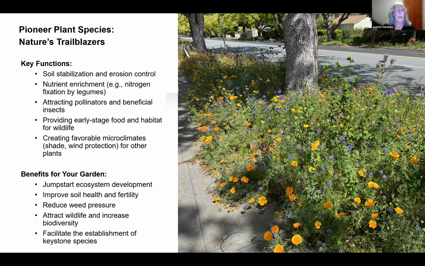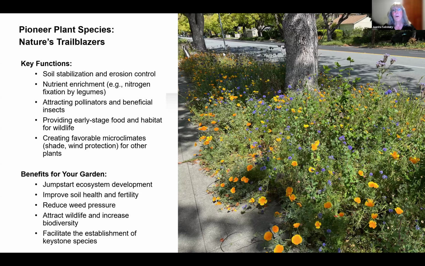They create favorable microclimates like shade and wind protection for other plants to come in. And the benefits for your garden are that they jumpstart that ecosystem development. They improve that soil health and fertility. They reduce weed pressure. They attract wildlife and increase biodiversity, and they facilitate the establishment of keystone species.